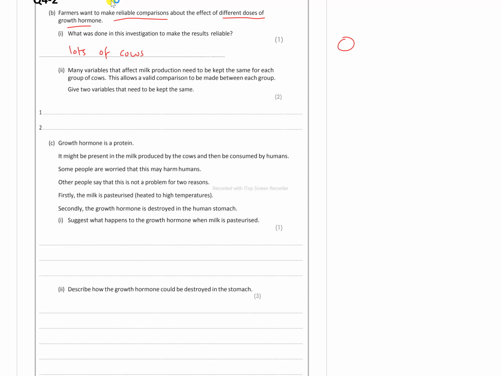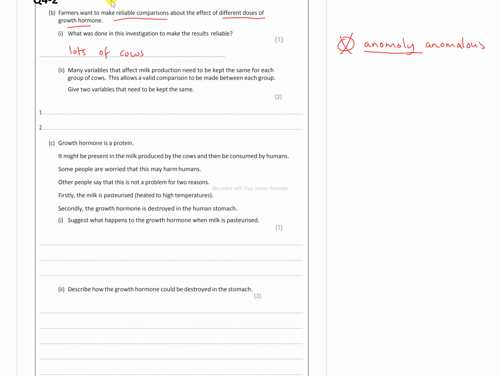There's no good just using one cow because that might have been an anomalous result, an anomaly. That means it's an unusual result, and it might give a wrong impression whether it works or not, both ways.